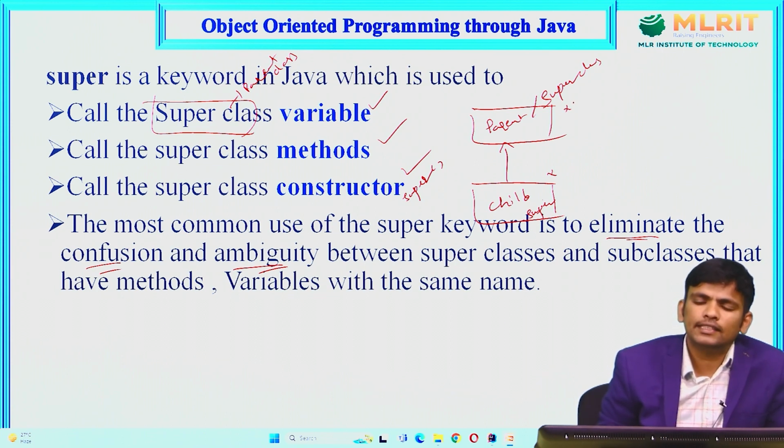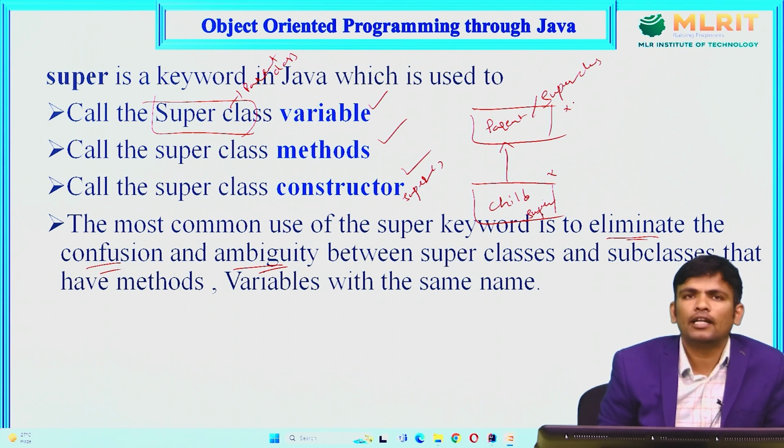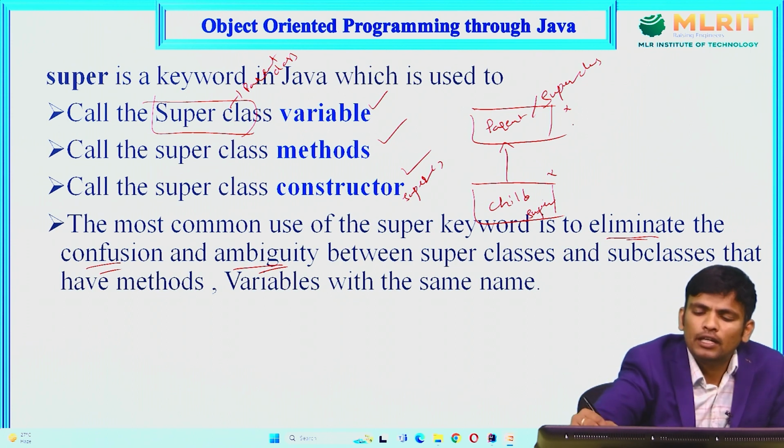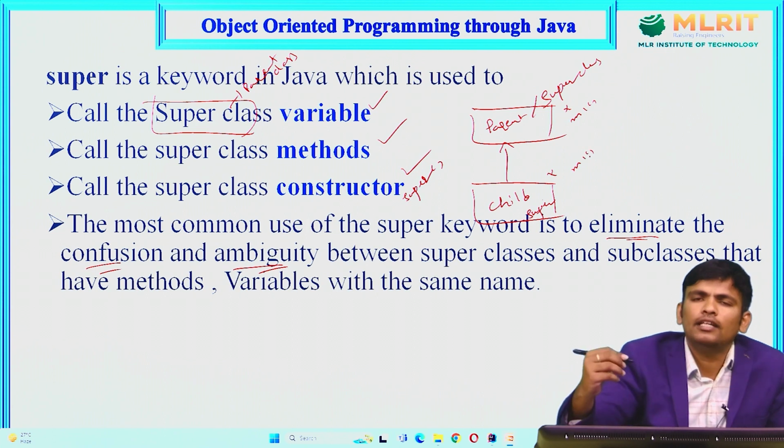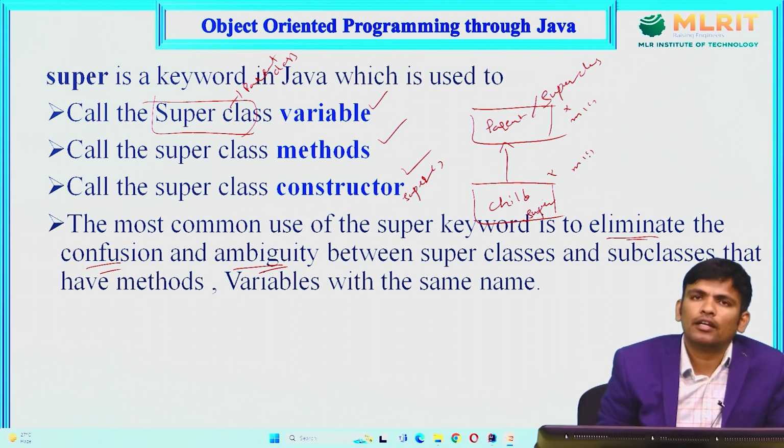Now exactly the same variable names are there in the parent and child relation, and I want to differentiate these variables. In such cases we use the super keyword. Methods too: suppose the parent class has an m1 method and the child class also has exactly the same m1 method. To differentiate these same method names also, we use the super keyword.